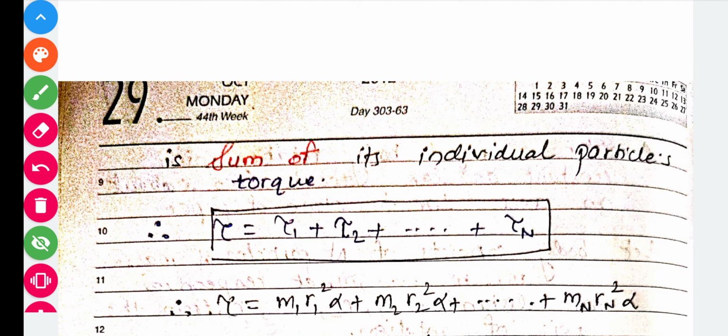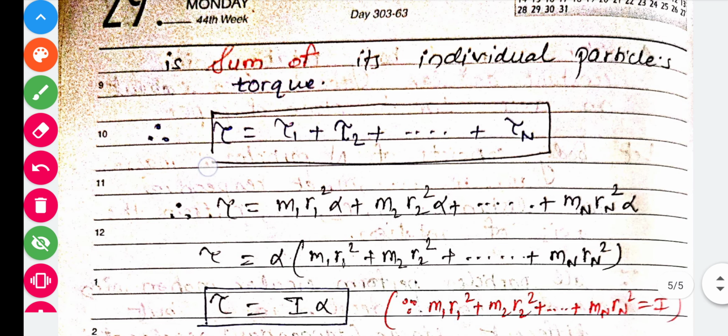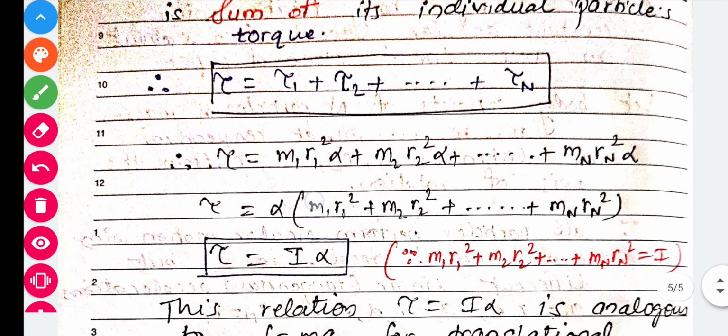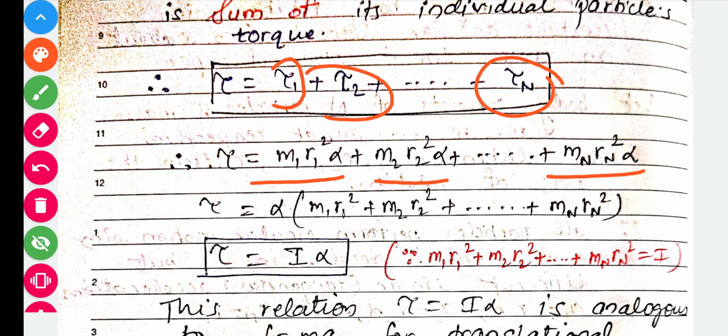That is, tau, the torque of the whole body, equals torque 1 plus torque 2 plus up to torque n, the torque of the nth particle. As we know, the torque of the first particle equals m1 r1 square alpha, the second particle m2 r2 square alpha, and the nth particle mn rn square alpha.